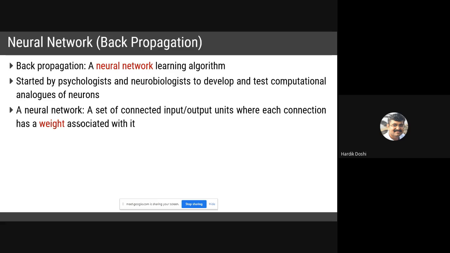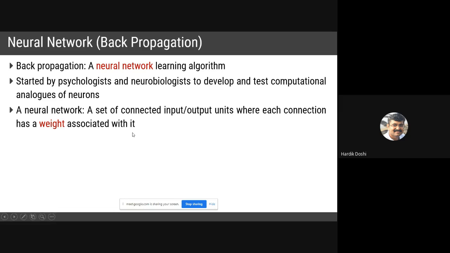A neural network is a set of connected input or output units. If you consider a human being, our brain can be the input and the output can be any organ. So it is a set of connected input/output units, where each connection has a weight associated with it.